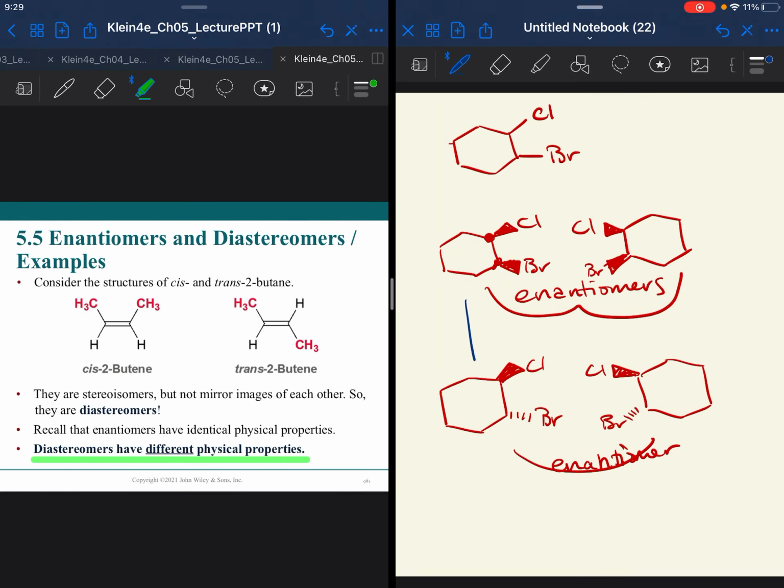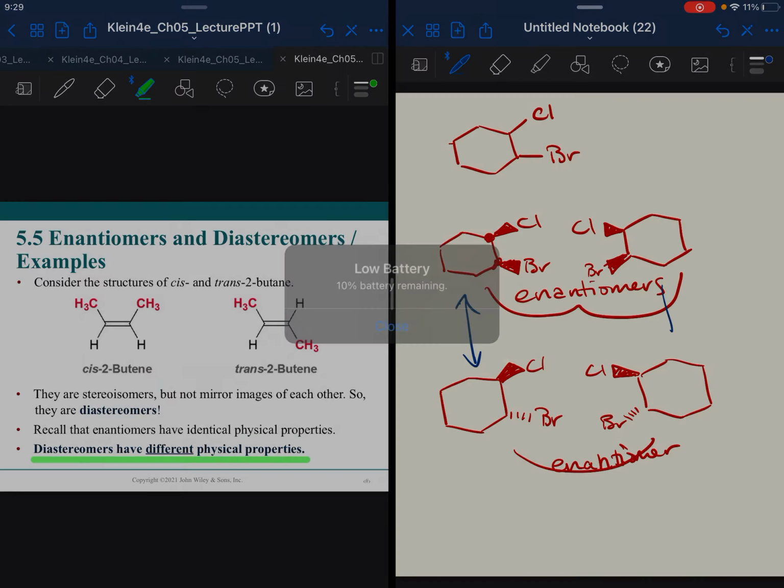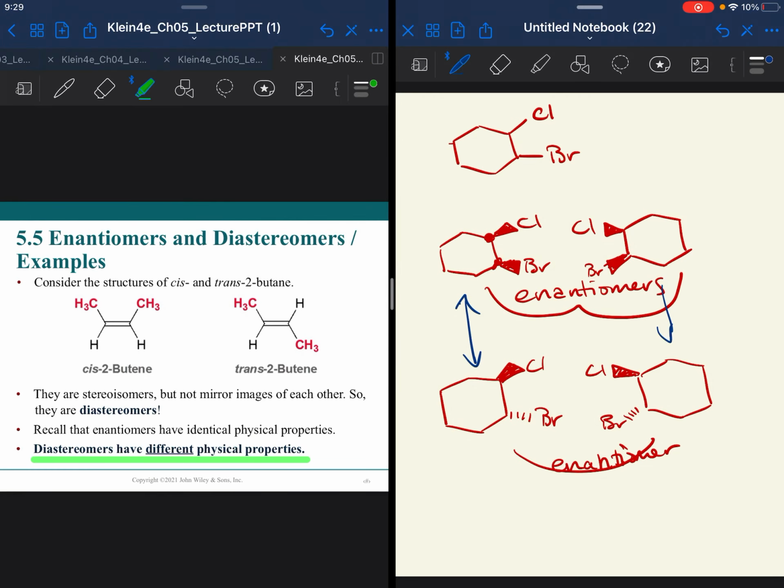So if we think about what the relationship is between these two, or these two, or the cross relationships here, these are going to be diastereomer relationships. So there can only be a set of two enantiomers, right? That's like your twins.